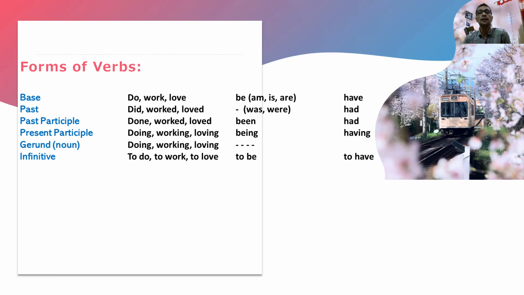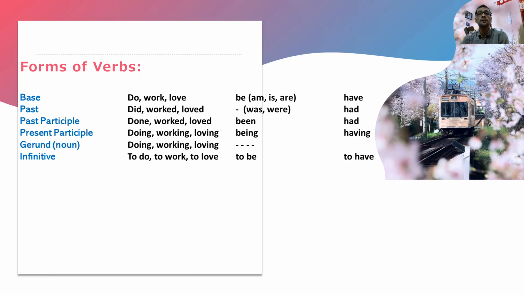Same is the case with be, that is to be verb, am, is, are, was, were. Past tense is was, were. Past participle would be been. Present participle would be being. And for gerund, there is no gerund for that. And the infinitive would be to be, because all the verbs do not have the gerunds. Similar is the case with have.